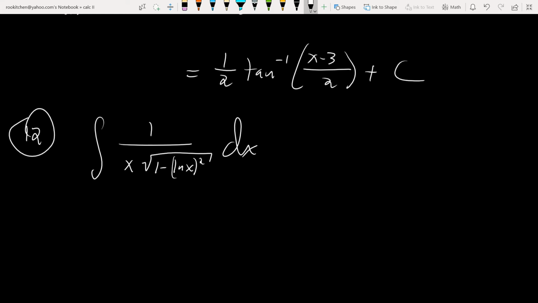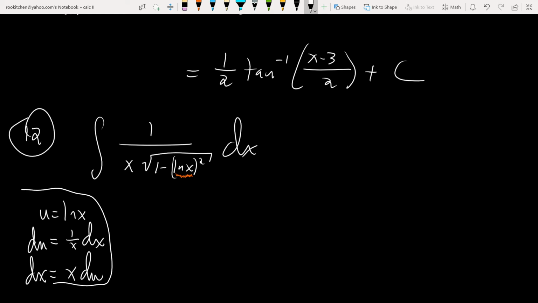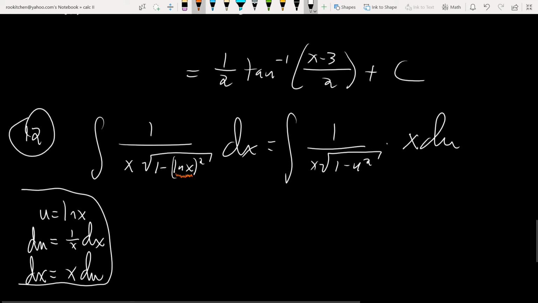If you look back at the forms, this kind of looks like a secant, but it turns out it's not. It's a sine inverse, not a secant inverse. And it's because if you do the u sub, you're looking for something like a squared minus u squared. It looks like u is going to be the natural log of x. So if you let u equal ln of x, then your differential is 1 over x dx. And then, of course, dx can be rewritten as x du. So when you do your replacements, you'll get 1 over x square root of 1 minus u squared times dx, which is now x du, and you see that there's a cancellation.